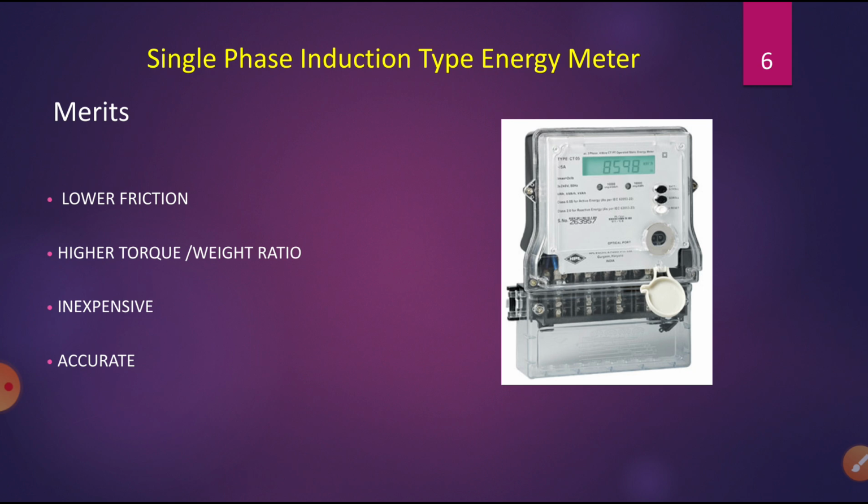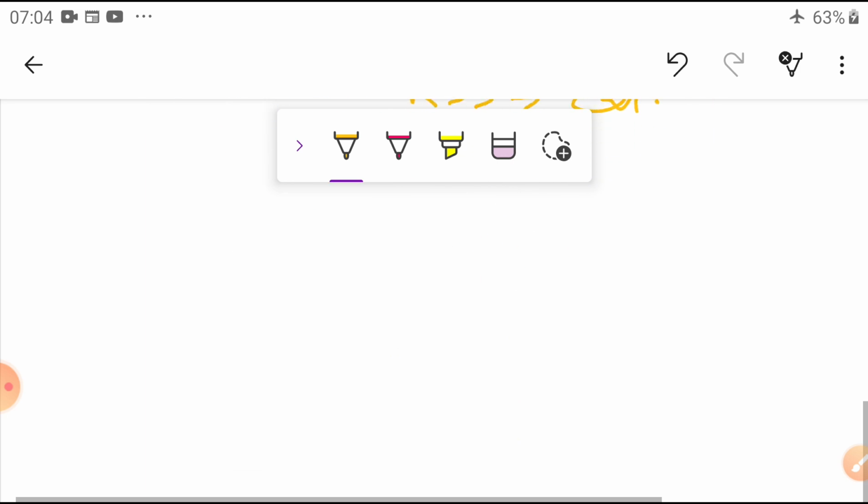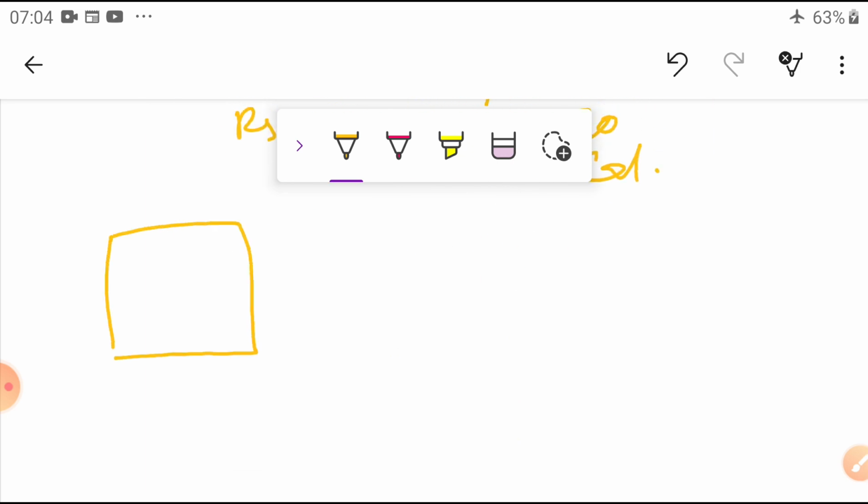What does that mean? In our normal instruments, there is a pointer. To deflect the pointer from 0 to these values, I require some torque. That torque is called the deflecting torque.